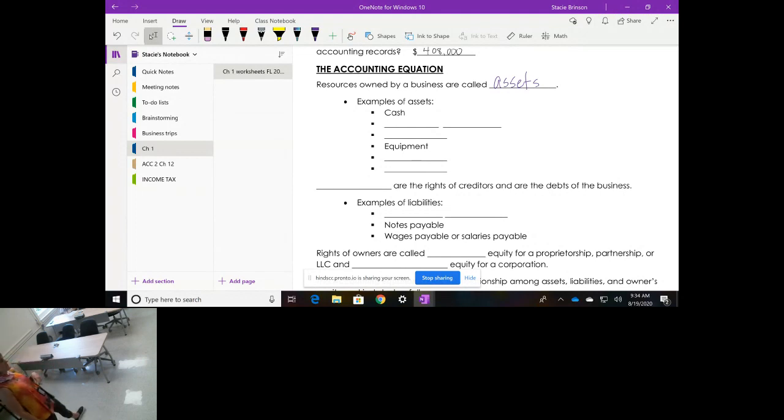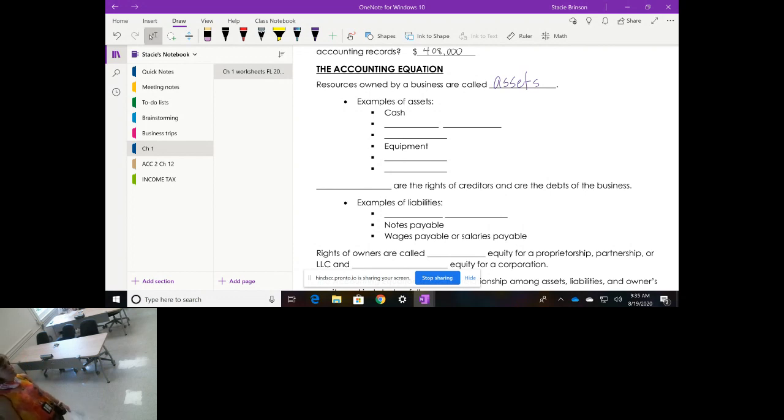Is that your book bag? Okay, it's your asset, right? It belongs to you. It's worth something to you. And your computer. Those are all assets to y'all. So anything that a company owns that's worth something is an asset. Now, it may become worthless after they've bought it, but at the time they get it, it's obviously going to be worth something or they're not going to get it.